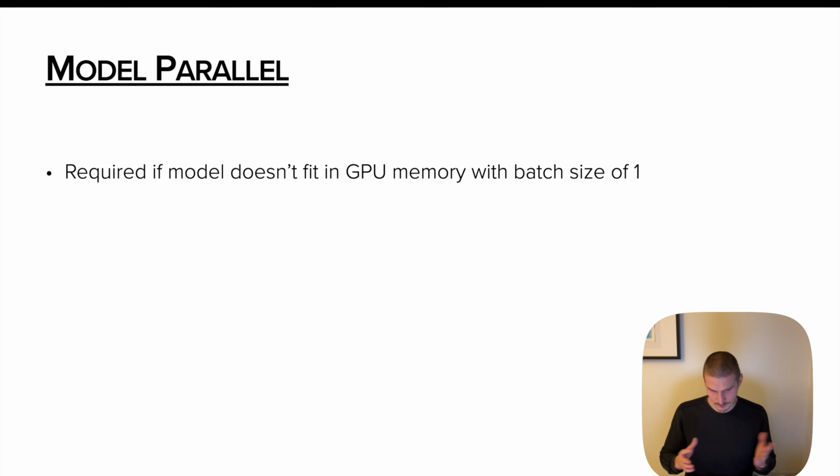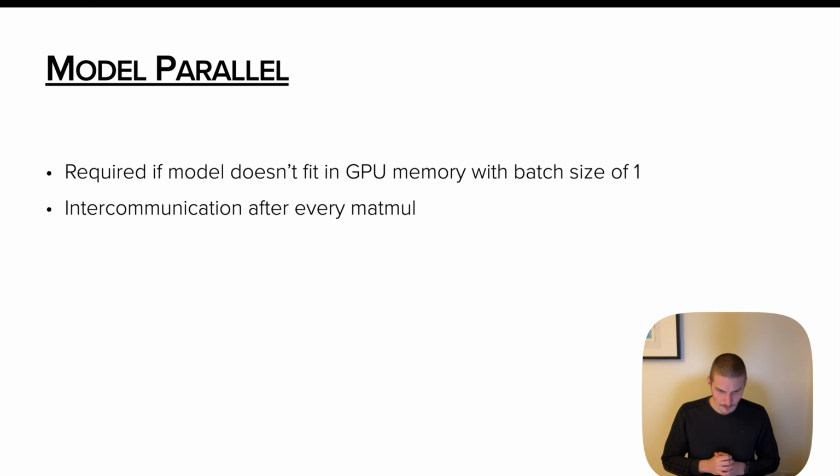So model parallel, we pretty much are required to use that once our model doesn't fit into one GPU memory with batch size of 1. So for LLMs, for models bigger than 10B usually, you would have to use model parallel. The amount of intercommunication needed is now much greater than for data parallel.